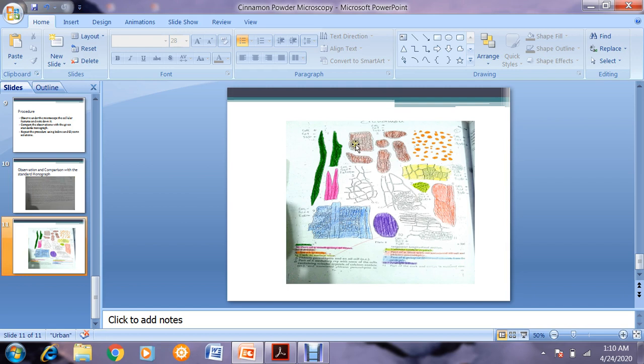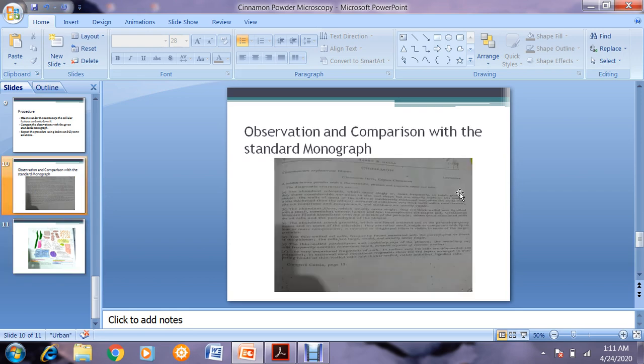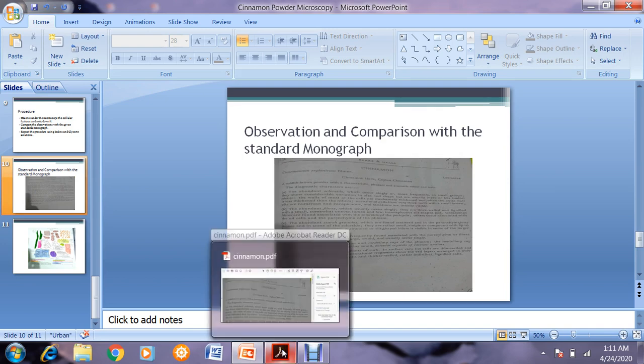Each of the characteristics has been drawn, and below it is a detailed description: what is the name of that characteristic feature, and then the student writes here whether they observed it under the microscope or were unable to determine it. So all of this will be discussed in detail, so now we will discuss it in detail.